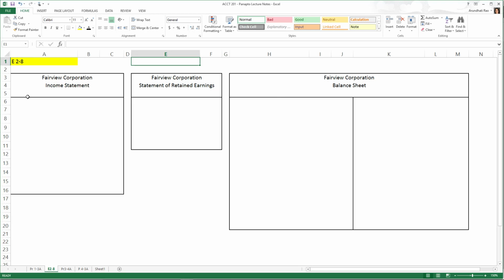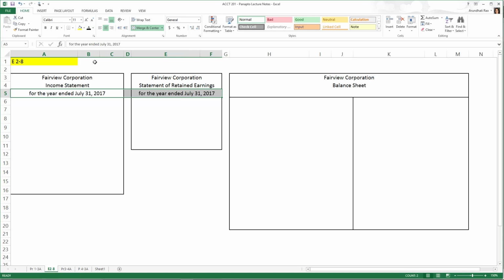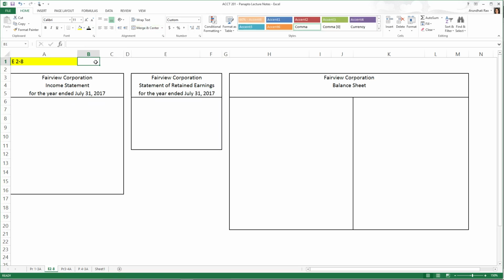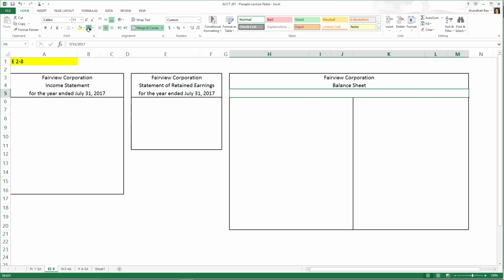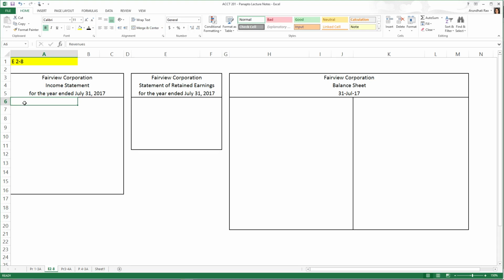In the third line, I have the time period. For the income statement and the statement of retained earnings, it's for the year ended July 31st, 2017. For the balance sheet, it's always as of a particular date, and the date here is July 31st, 2017. In the income statement, as we recall, we have revenues and we have expenses.